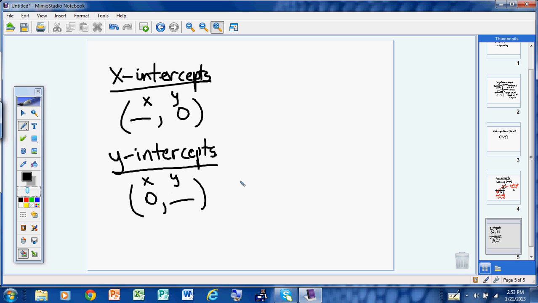Okay. So then what does that really mean then? Well, to find an x-intercept, what would we do?